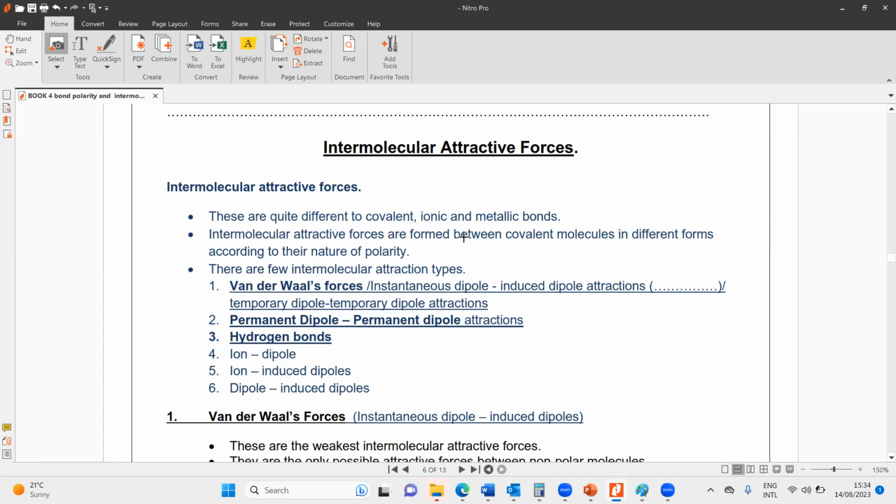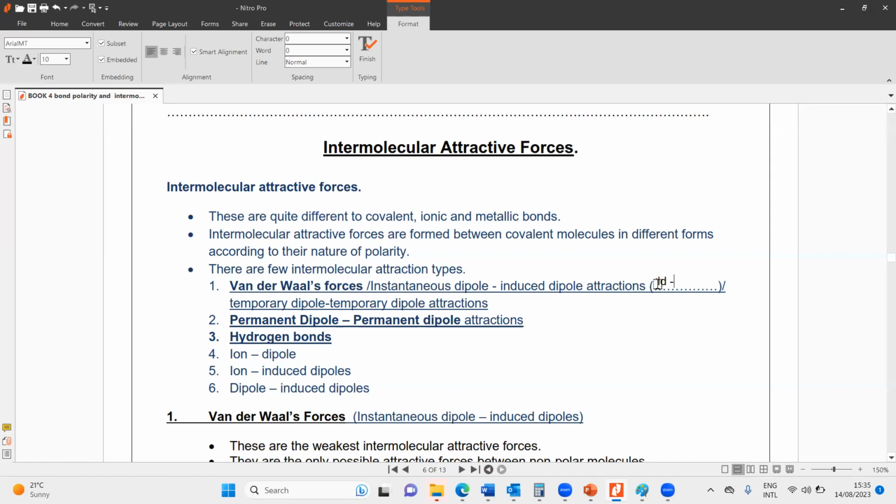There are a few intermolecular attractions. Just go through the first one: Van der Waals, or instantaneous dipole, induced dipole attractions. Within brackets, we can write ID-ID.